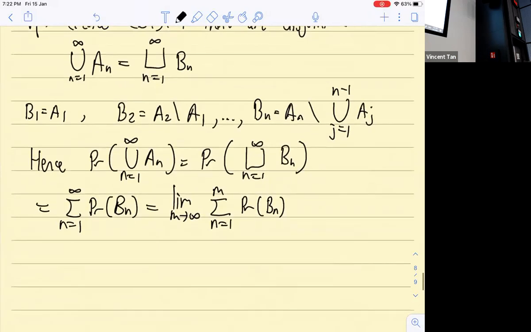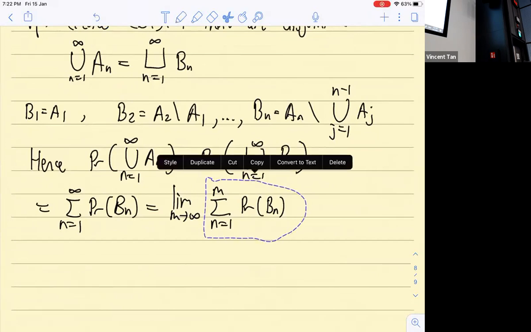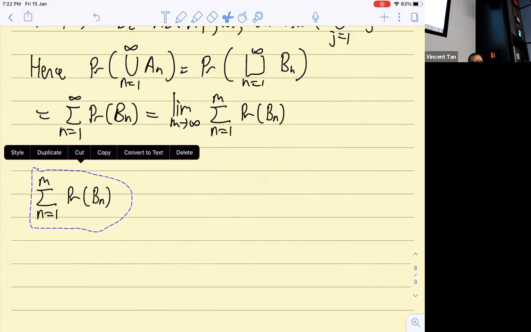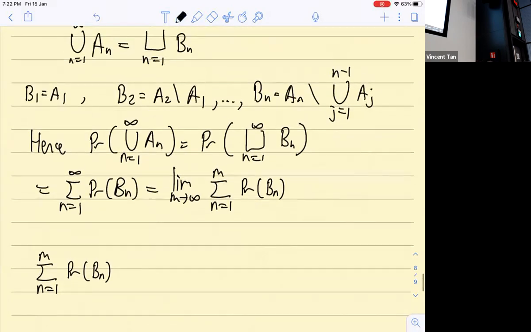But now, let's extract this part here. Look at just this part, and look at the fact how we constructed B_n. How did we construct B_n?